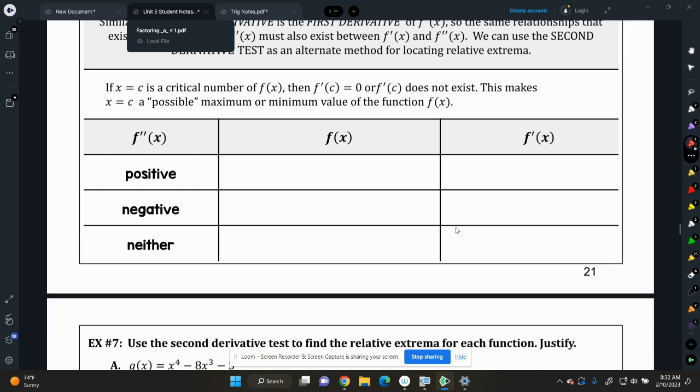If f double prime is positive, that means it's concave up. And what does it mean about f prime of x? It's increasing, yes. Okay. So take a minute to fill in the rest of that.